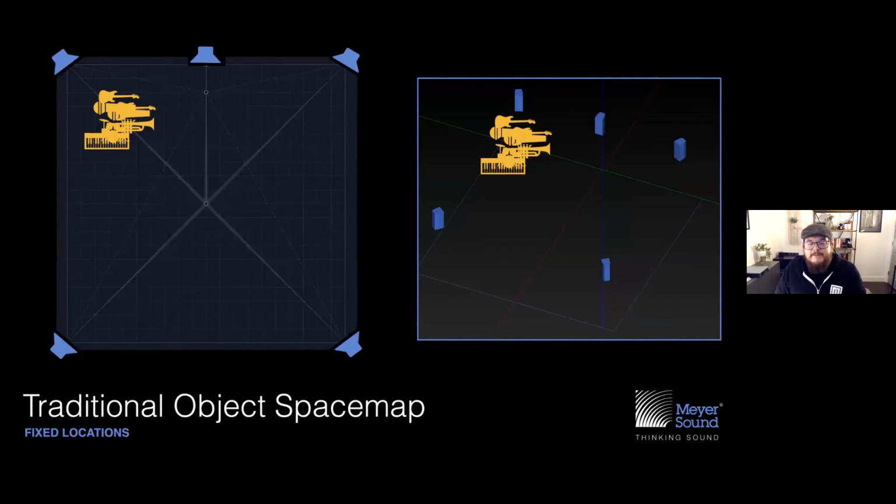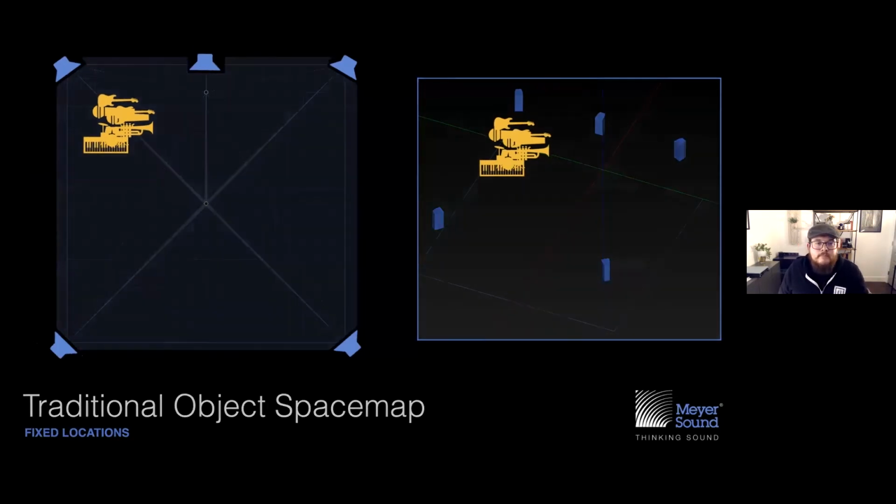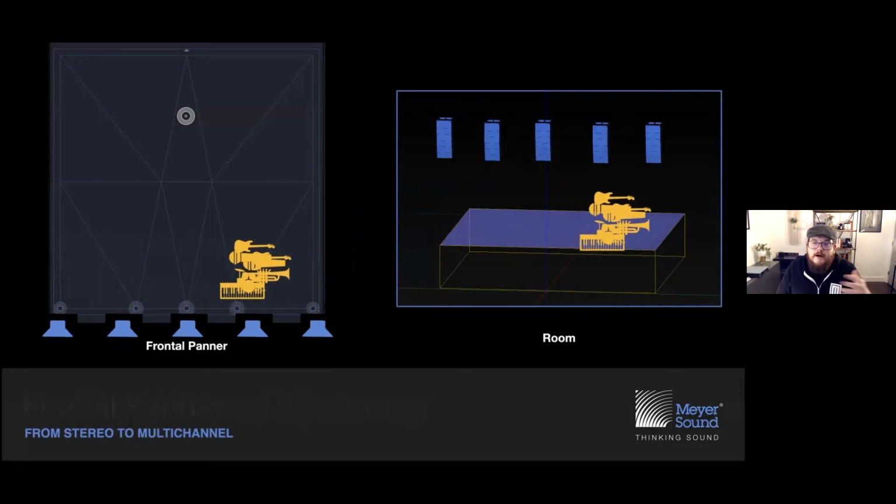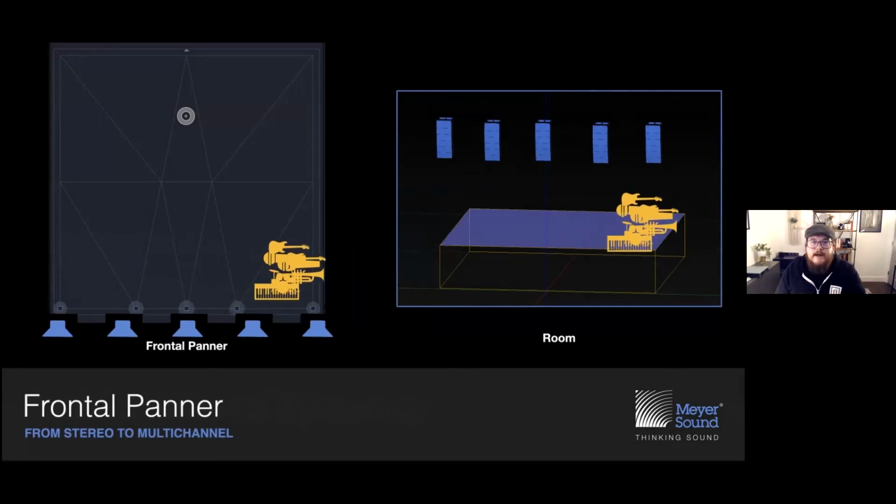So here would be a space map for a 5.1 system. This would look like a normal object-based panner. And here, as we saw before, here would be a space map for a frontal system. As we moved our objects along, it would track with the loudspeaker layout.